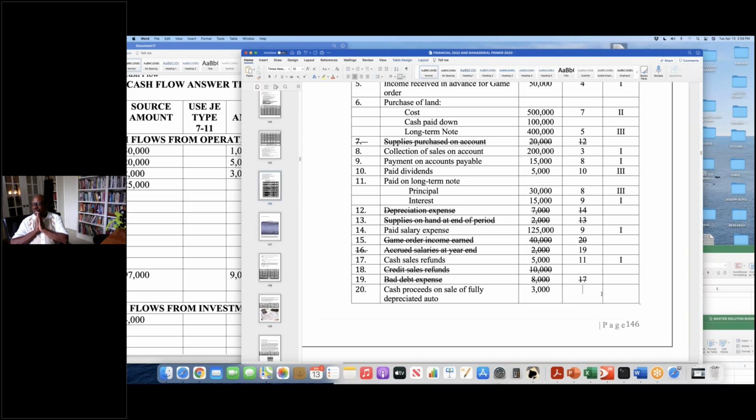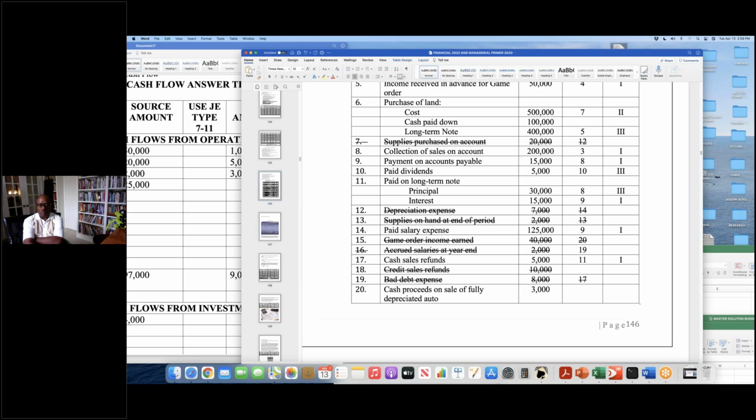Okay, so you need to find me a journal entry type 1 through 6. I think the only thing I could think that it could be is type 2. Yeah, probably a type 2. No. Find me another one. 6? 6, that's sale of a long-term asset.